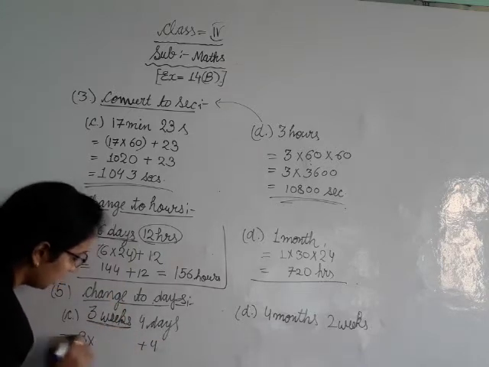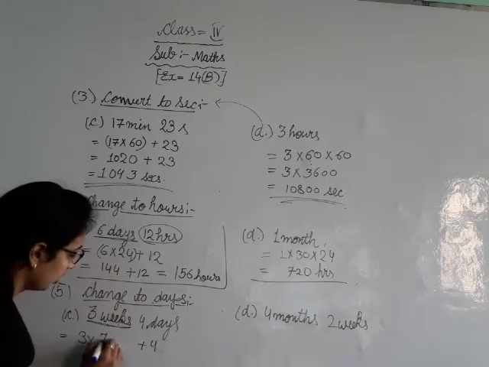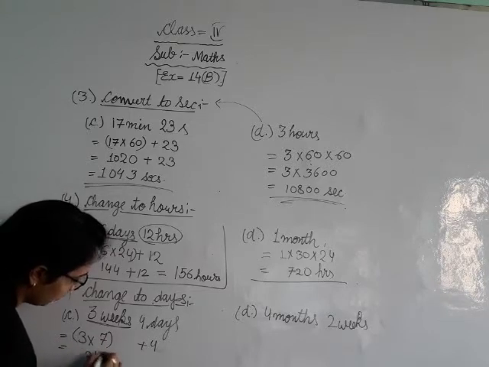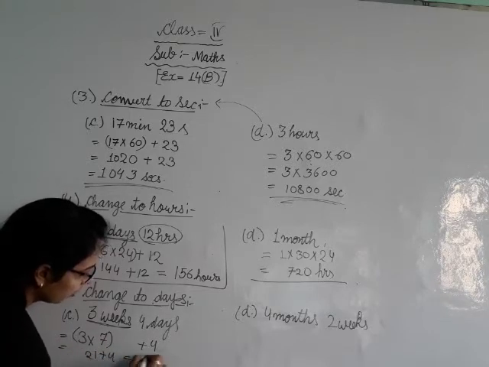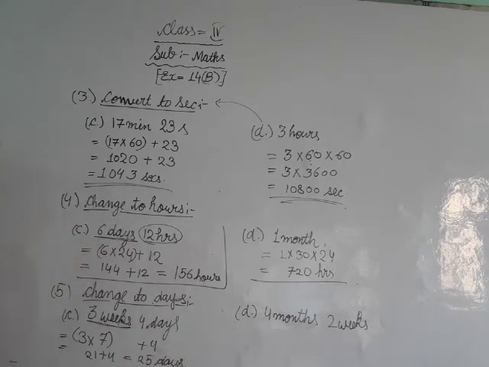So 3 multiplied by 1 week is equal to how many days? 7. And then 7 3s are 21 plus 4, 25 days. Simple. 25 days.